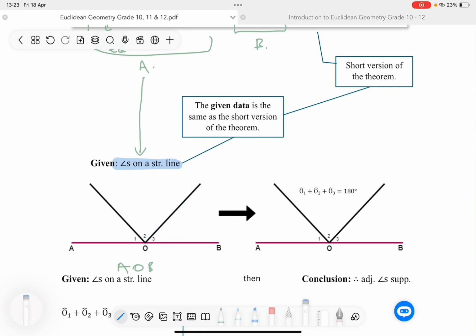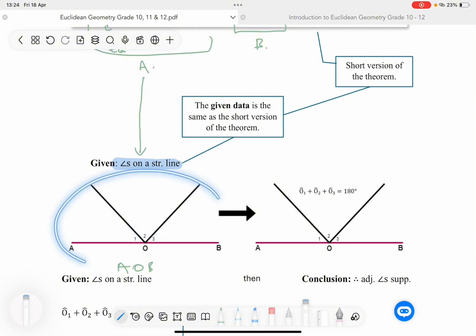Now, these two lines, when they come on this straight line, create vertices, meaning they create these edges here and there. Therefore, these corners, or vertices, are measured as angles, so we have angles O1, O2, and O3. We have three angles, but these angles are sitting on a straight line.